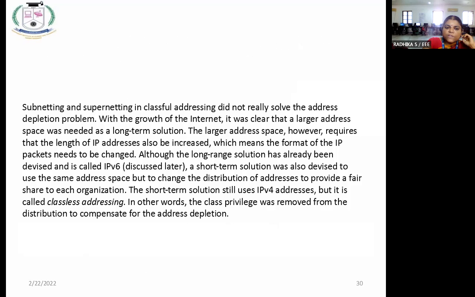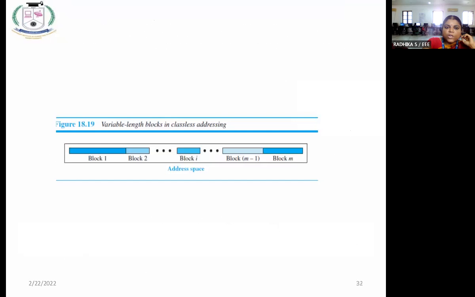It means in this addressing scheme, there is not going to be a particular block allocated, or a fixed size for the prefix, but the entire address space is divided into smaller blocks, and each block is allocated to a particular network. And these blocks are not of constant length. They vary in length. As you see here, block 1 is of some size, whereas block 2 is of a different size.